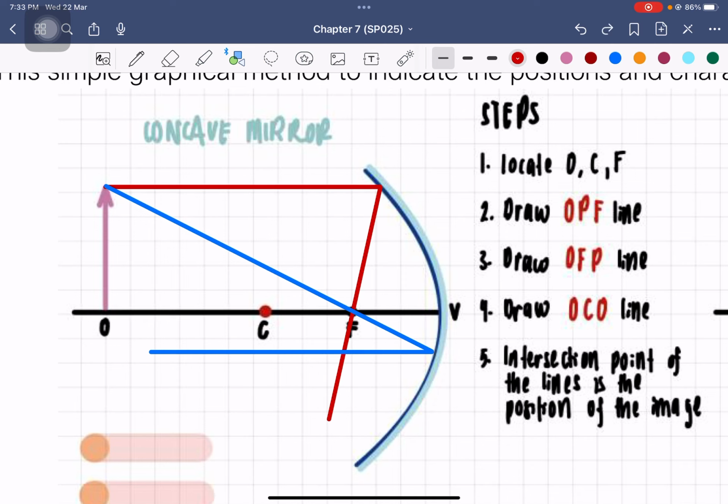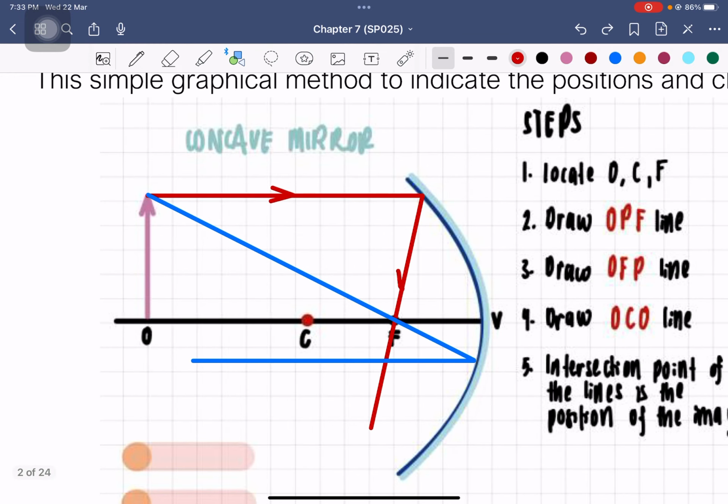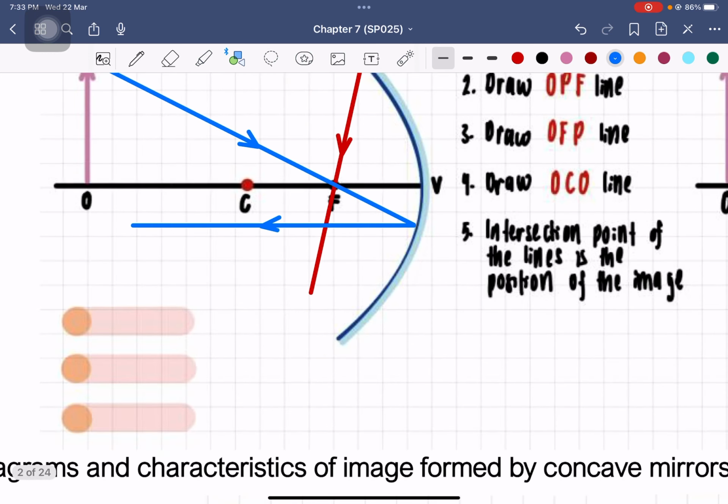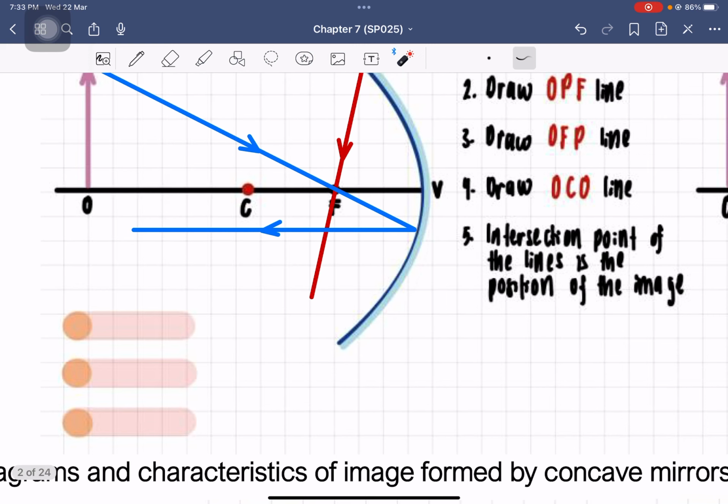You can also draw 3 rays, but 2 rays is enough for you to know where the position of the image is. Don't forget the arrows for the rays, and the intersection here is where the image is going to be.